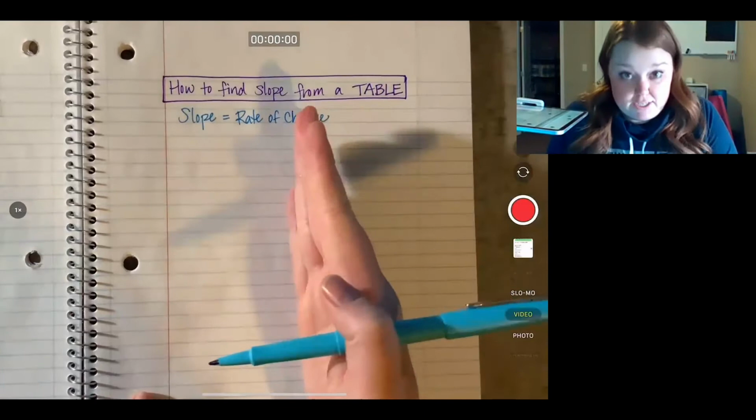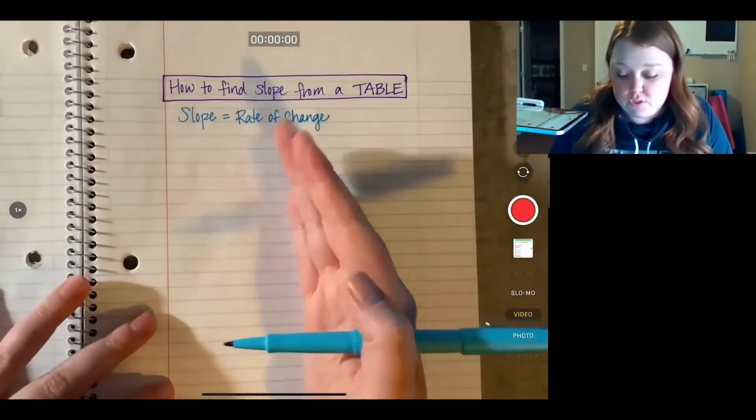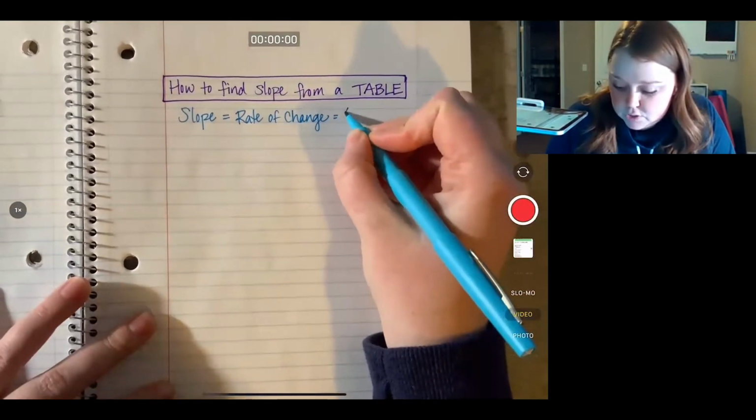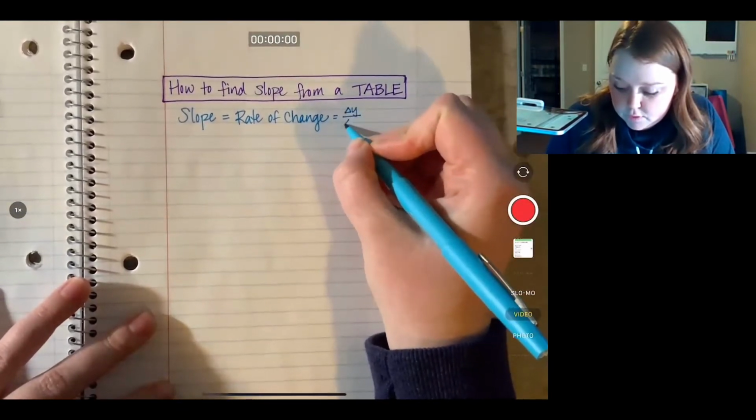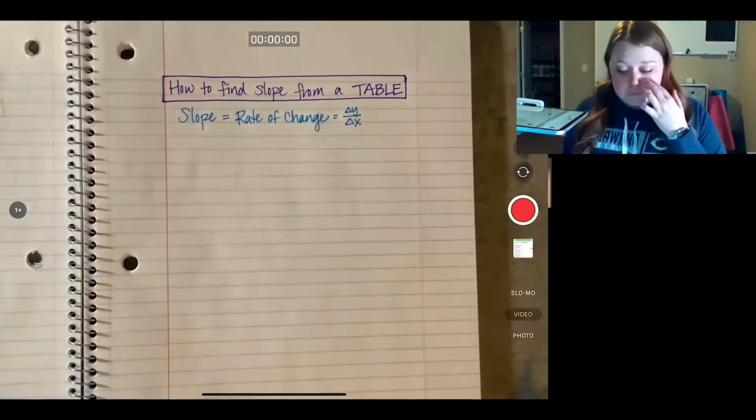And rate of change, how we learned that a few days ago, was we found the change in y over the change in x, delta y over delta x, right?